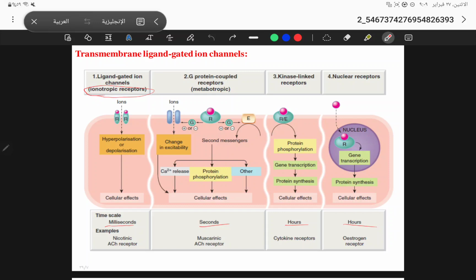What do we mean by hyperpolarization? And we said depolarization means what? A change in activation.